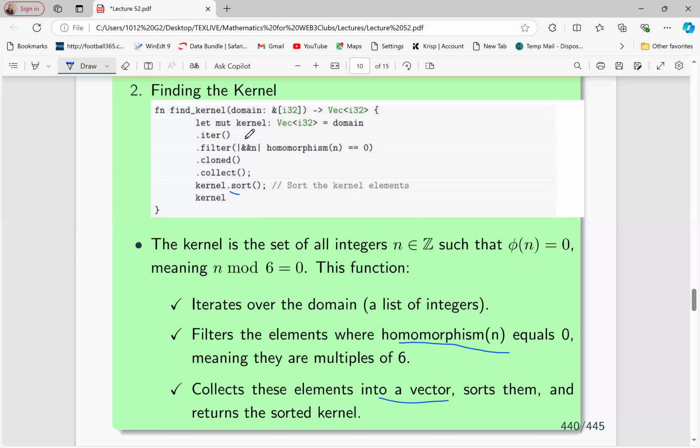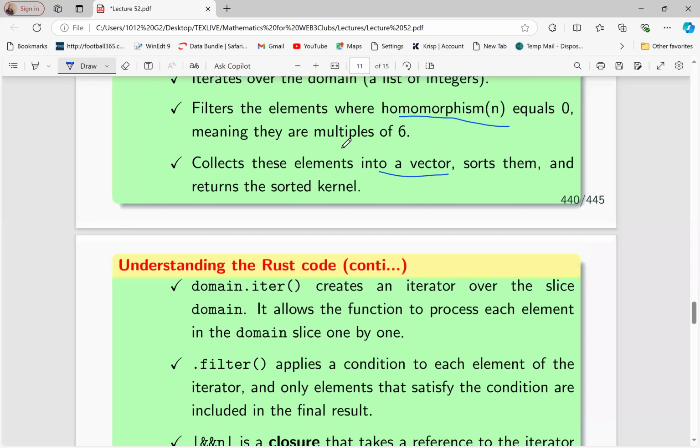I wanted to explain what iter does: it creates an iterator over the domain, allowing the function to process each element. Then filter, what it does, then this part, what it does. So I was going through every function, every sign. There is clone.